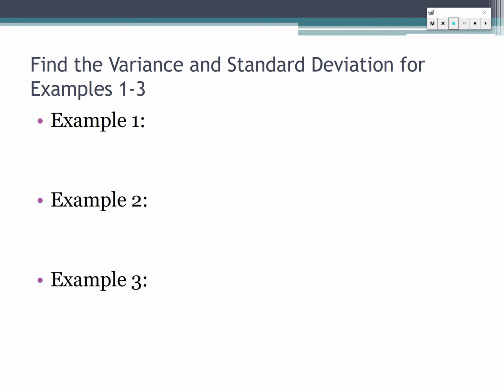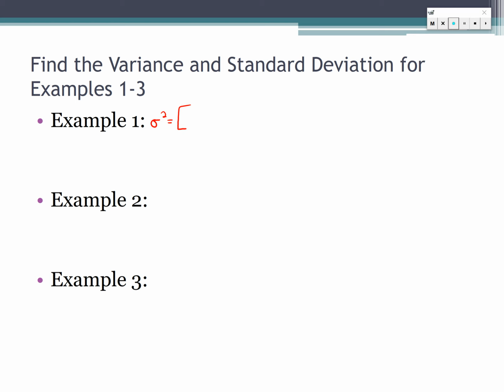So let's take a look, staying with the same three examples, so tossing 2 coins, rolling 2 dice, and our car rental example. Let's find variance and standard deviation. For the first example, and that was the tossing 2 coins, we're looking specifically at the number of heads.